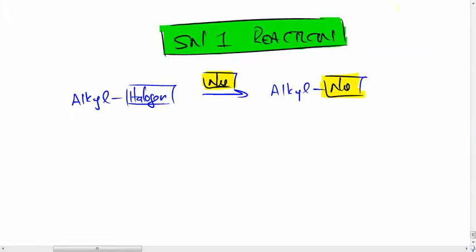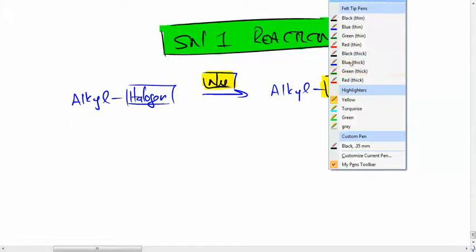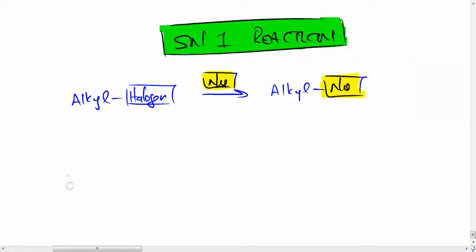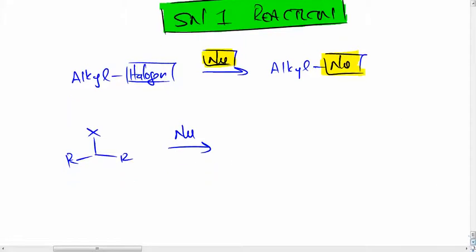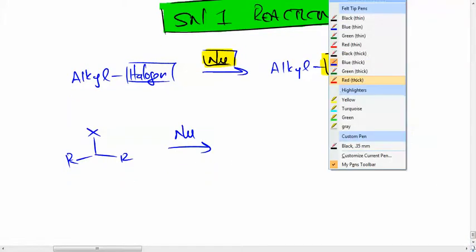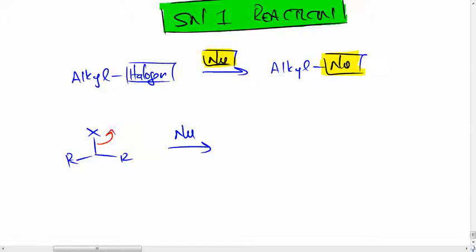Right? So let's say we begin with something like this. The first step of the reaction is going to be that the leaving group is going to leave. And once the leaving group leaves, we're going to generate our carbocation.